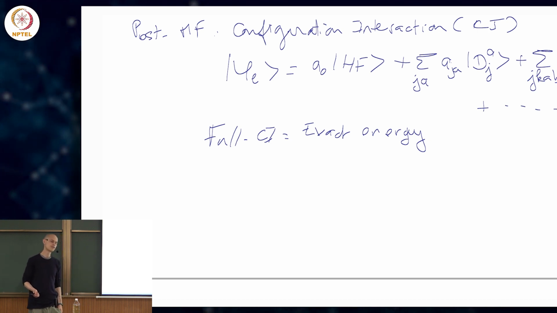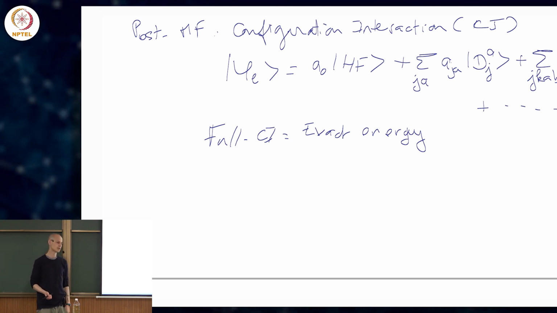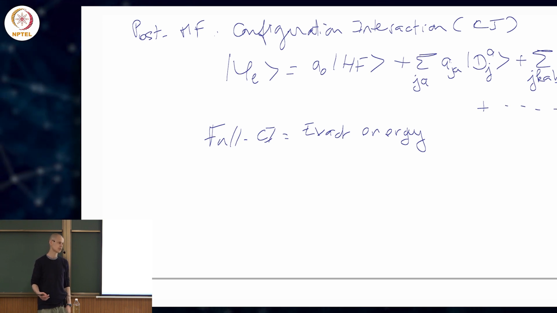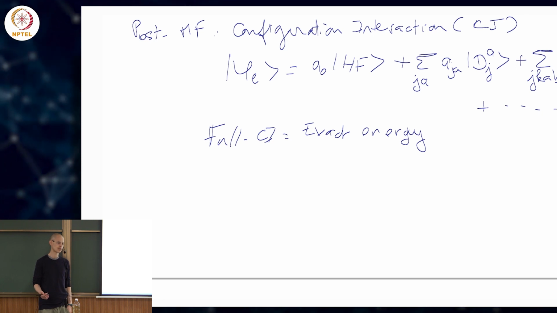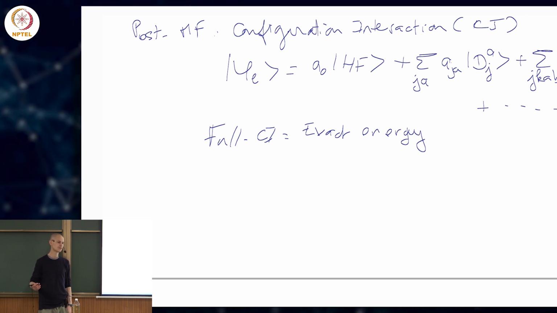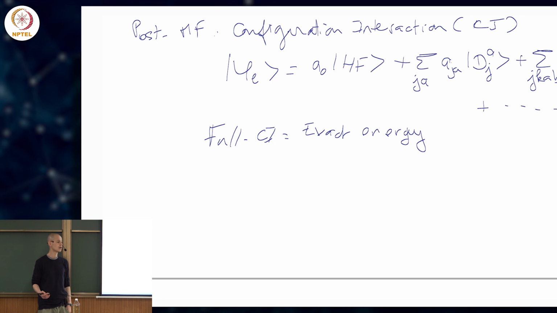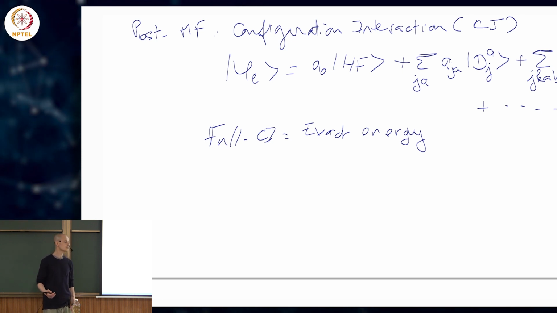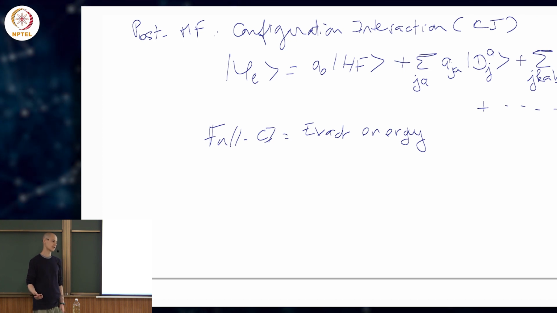Okay? But full CI is far too expensive, because the number of determinants grows exponentially and then your matrix gets too large. So usually we have to truncate this expansion. And most of the time we truncate it at the double excitations.